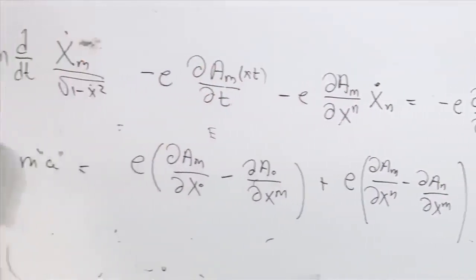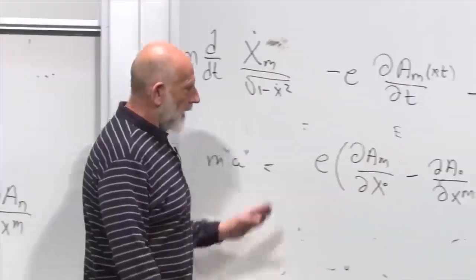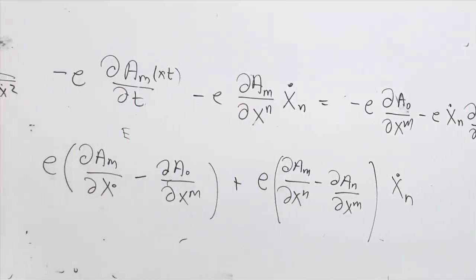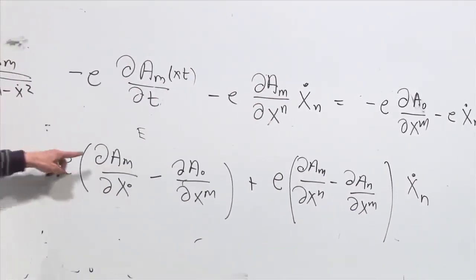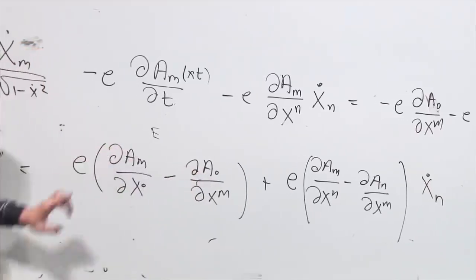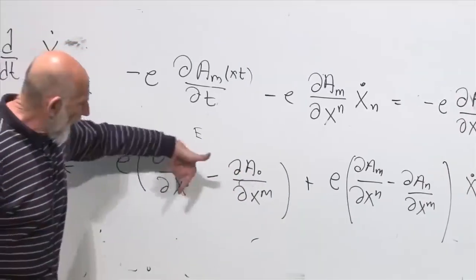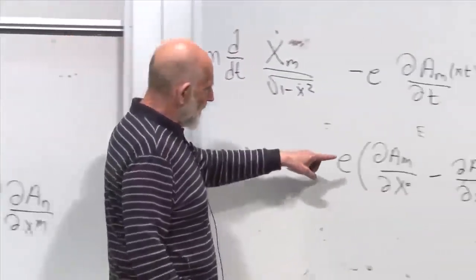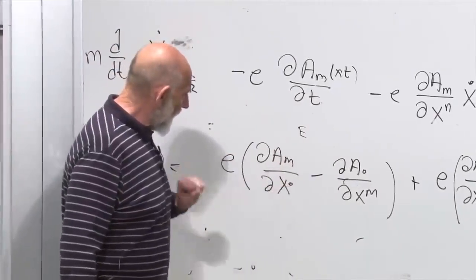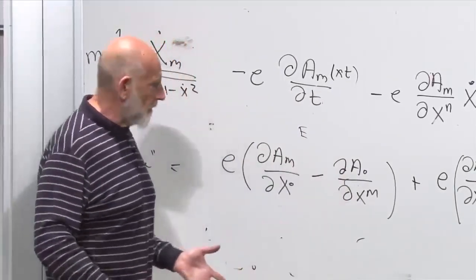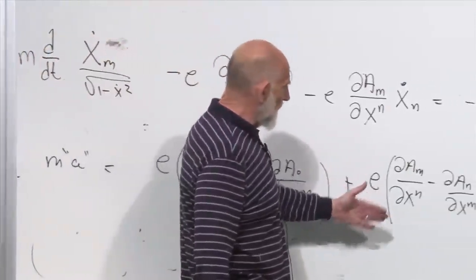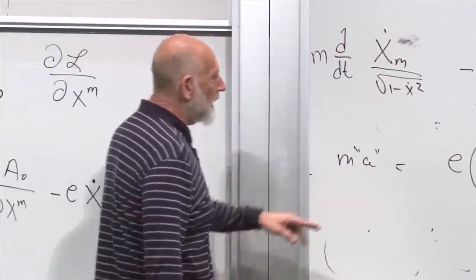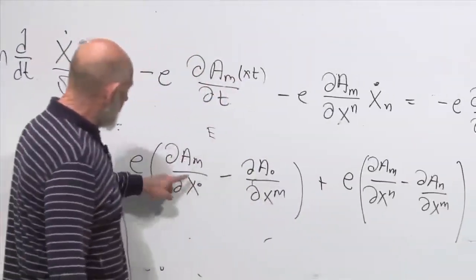Notice the pattern. Apart from the x dot, each of these terms has a derivative of an A with respect to a coordinate, anti-symmetrized. Notice that anti-symmetry: it's dAm by dx naught minus dA naught by dxm, and dAm by dxn minus dAn by dxm. Interchange of n and m over here, and interchange of m and naught over here.